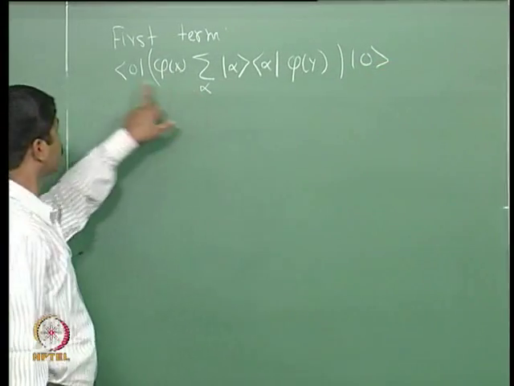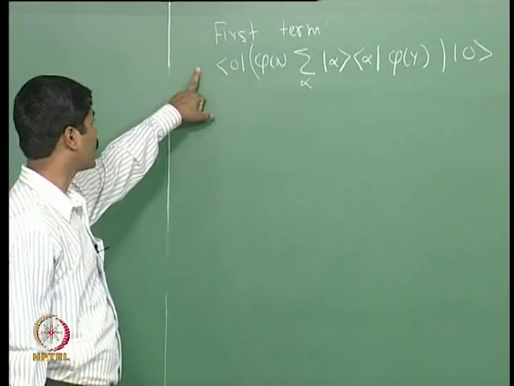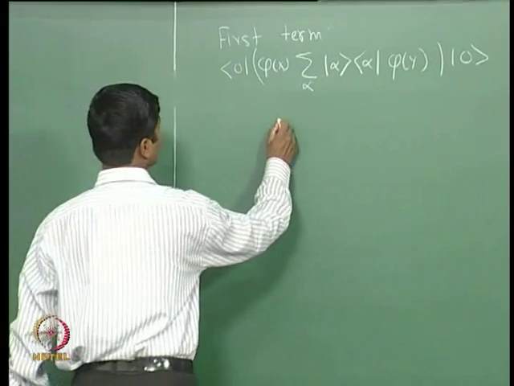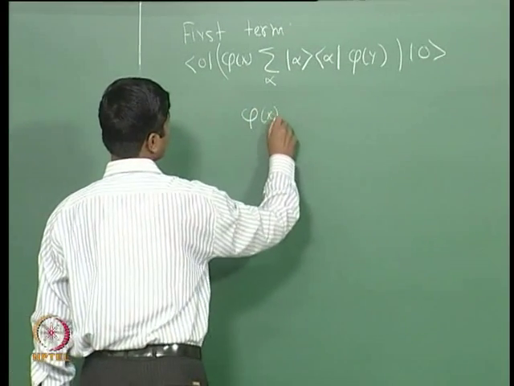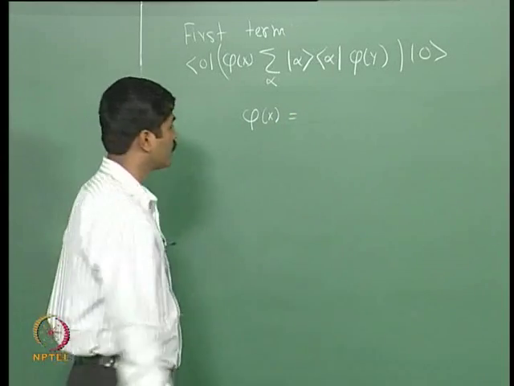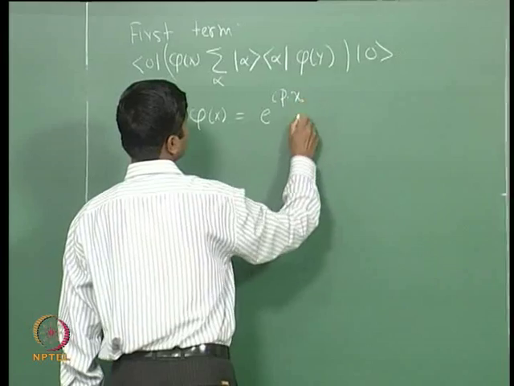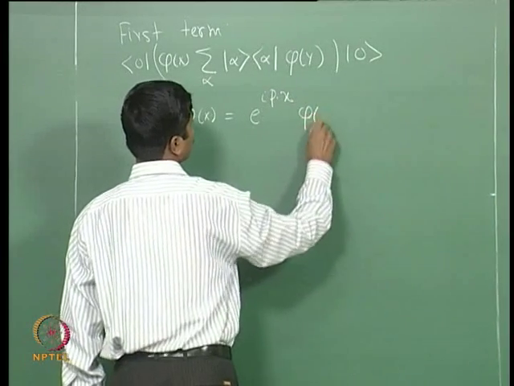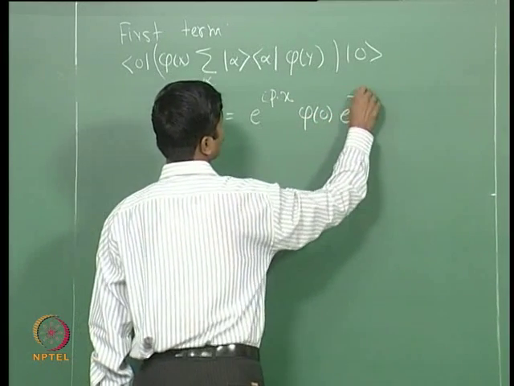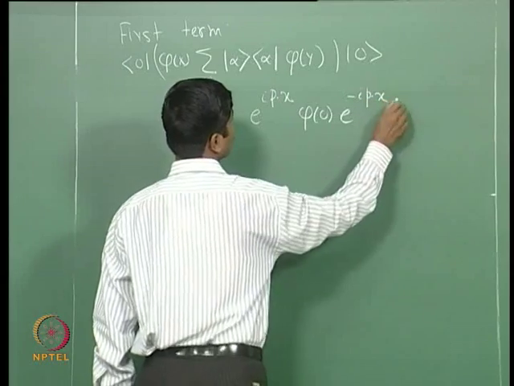I can take the sum outside, and also I will use this relation: phi of x equals e to the power i p dot x, phi of 0, e to the power minus i p dot x.